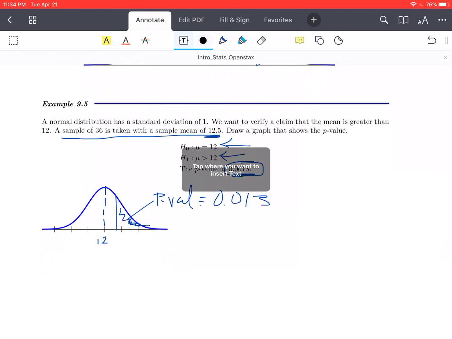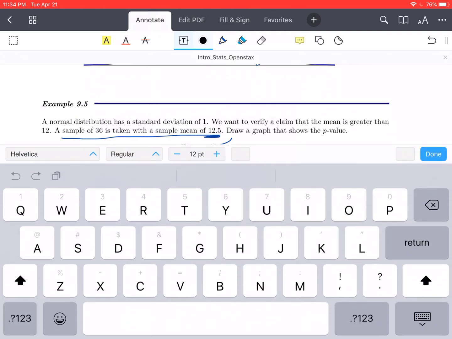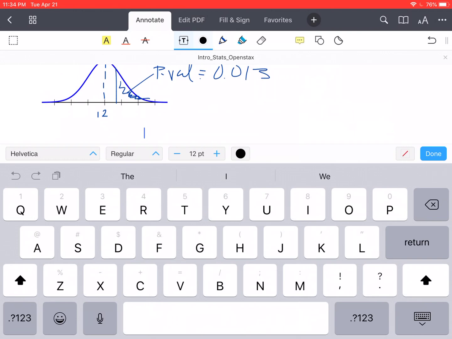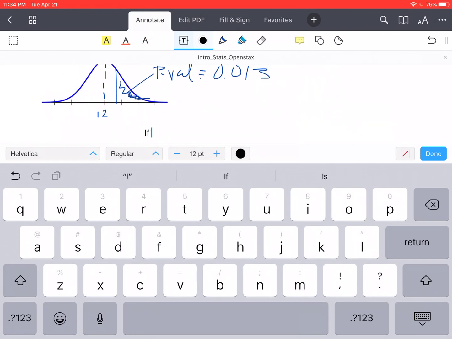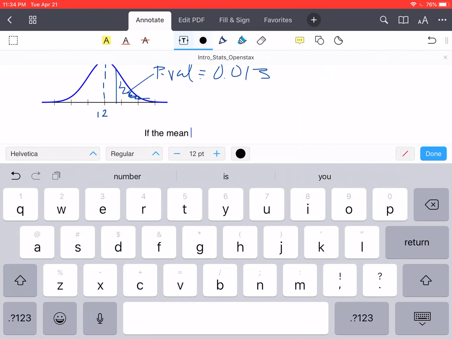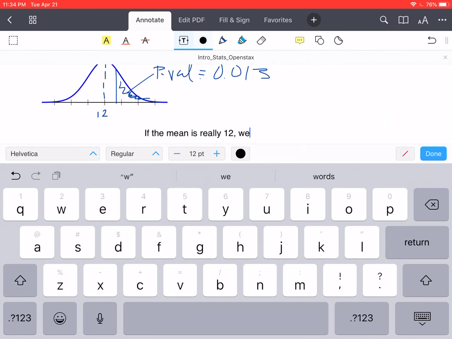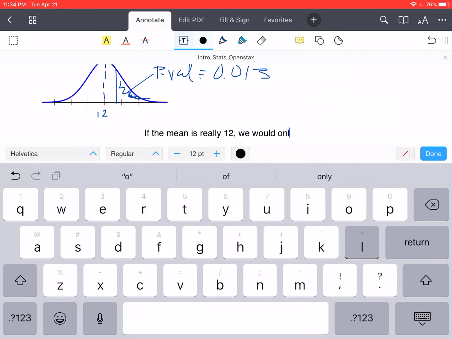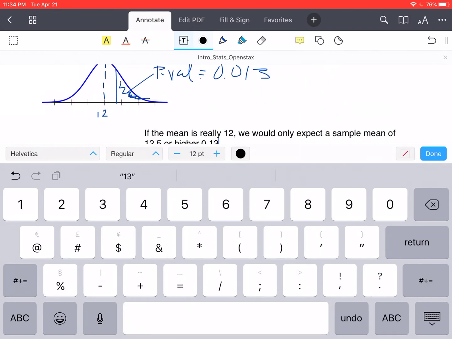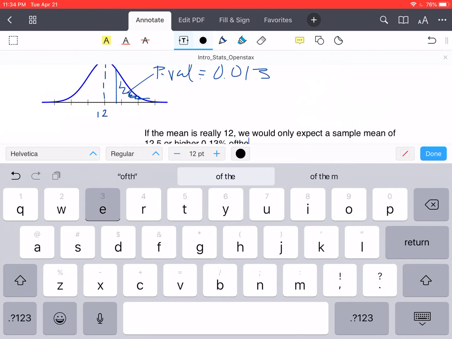So let's interpret what this is telling us, the fact that the p-value is so small. If the mean is really 12, if the null hypothesis is true, we would only expect a sample mean of 12.5 or higher 0.13% of the time.